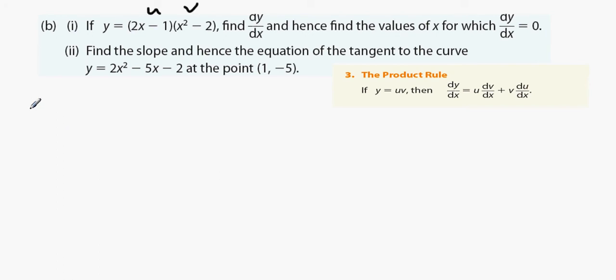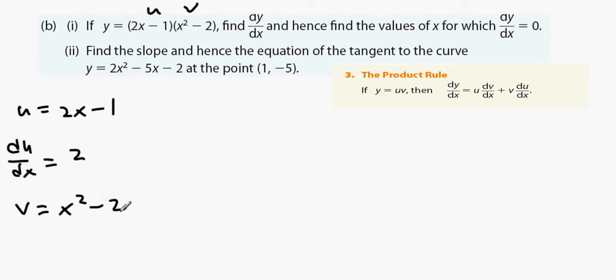So u is equal to 2x minus 1. Once again, we're going to differentiate, and we'll get 2. v is x squared minus 2. We're going to differentiate this as well, and we're going to get dv/dx.